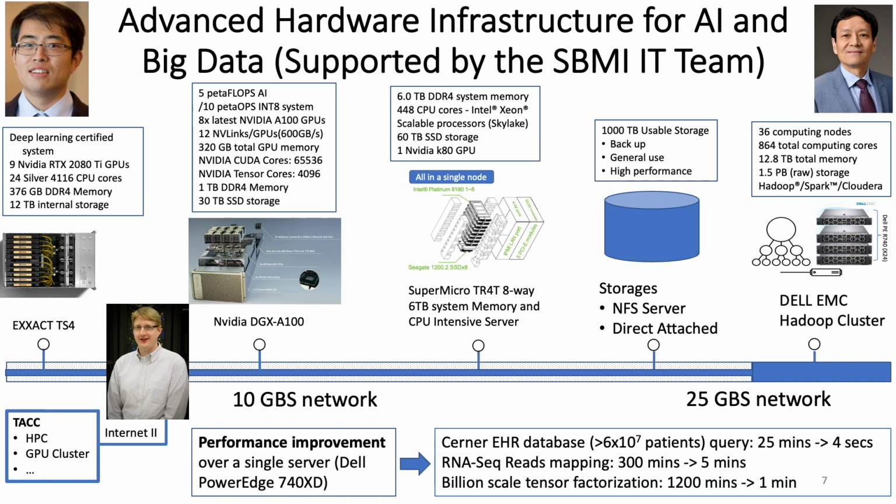We have been extensively using their hardware as well, because what they have is quite complementary to what we have. That is what we did on purpose. We don't want to repeat the things Tech already has. We want to complement what they have, so that we have a diverse hardware environment for our data science driven cancer research.